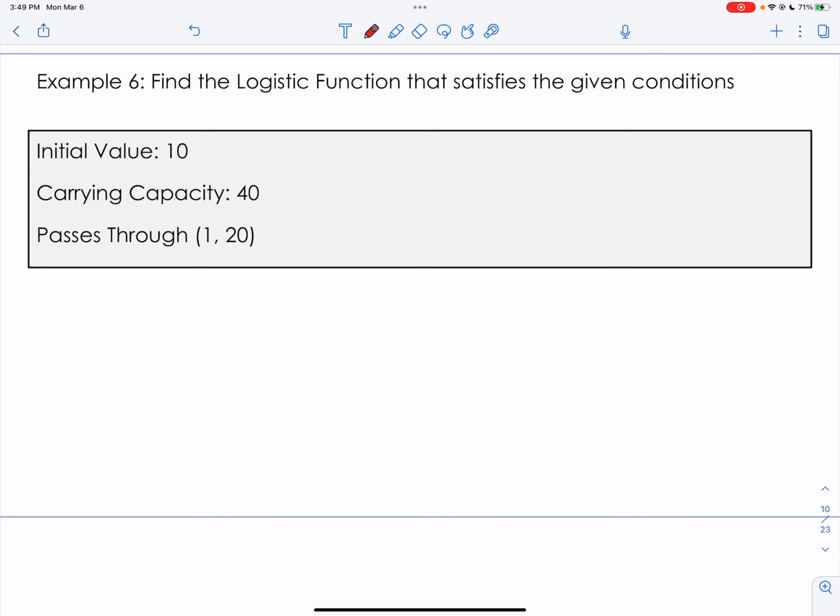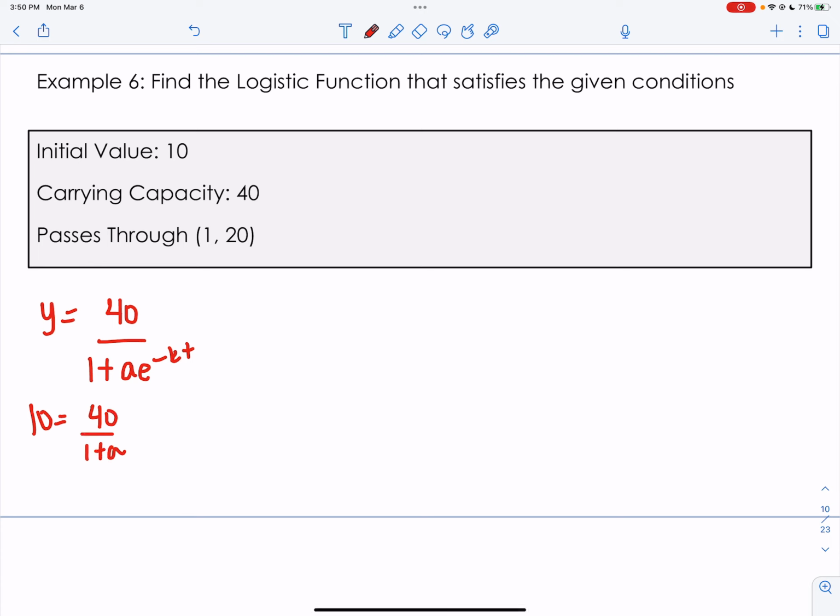Okay. Number 6, very, very similar. So I'm going to speed run through this just like how I sped through the previous example. My carrying capacity is 40, so now I know that my C value is 40. And I know that my initial value is 10, so now I have 10 is equal to 40 over 1 plus a.